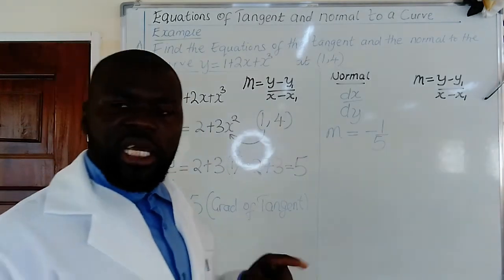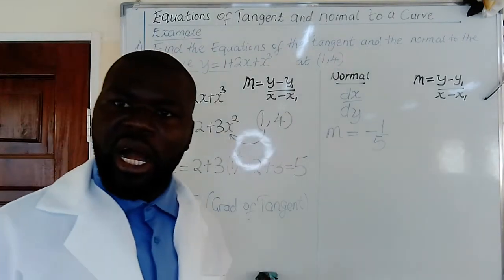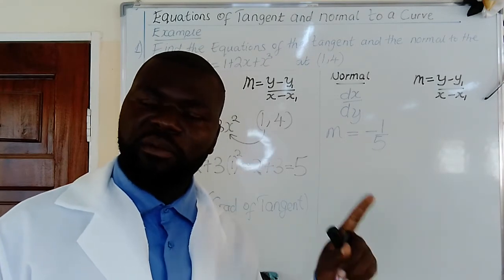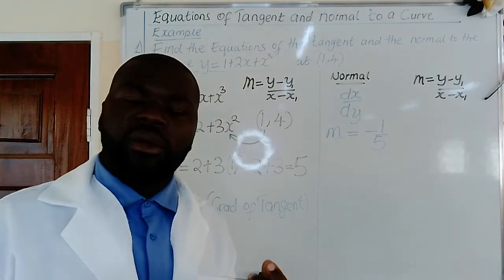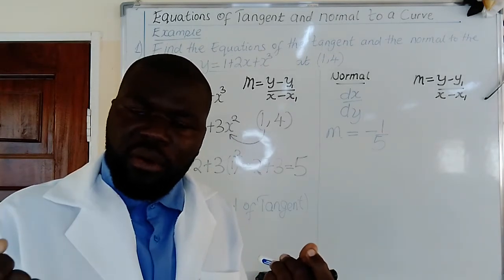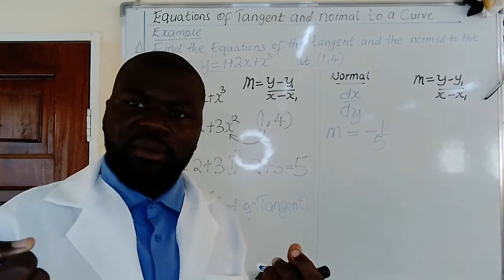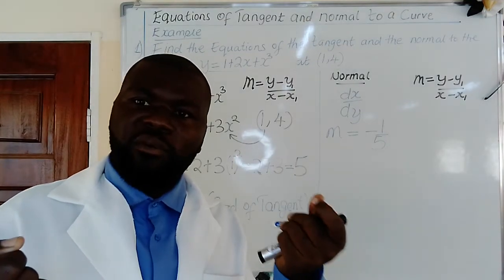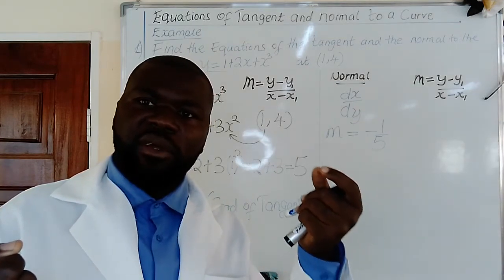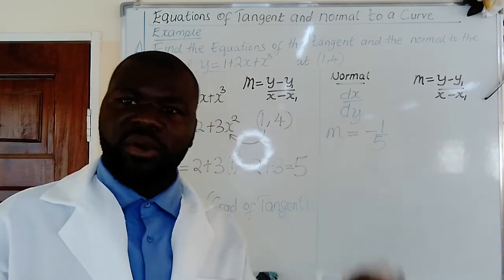Okay, so if our gradient of the tangent is 5, then definitely our gradient of the normal will be negative 1 over 5. So we shall now use the gradient of the normal, which is negative 1 over 5, together with the coordinate 1, 4 to find its equation.